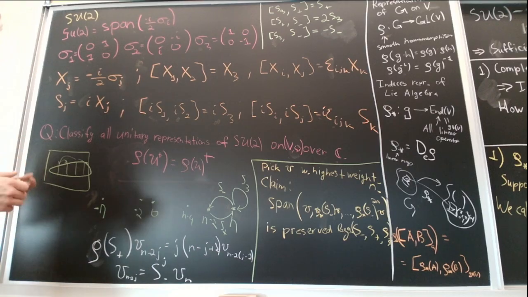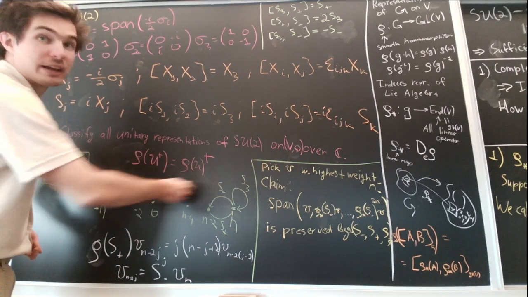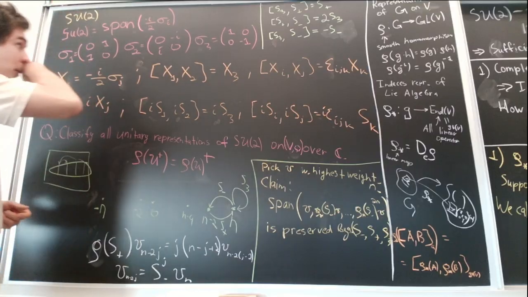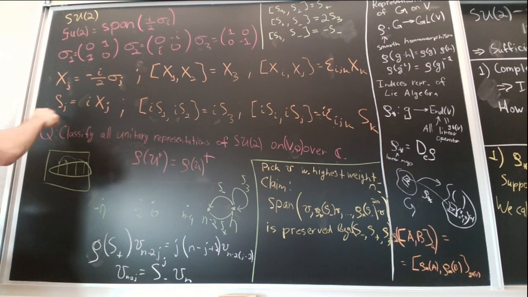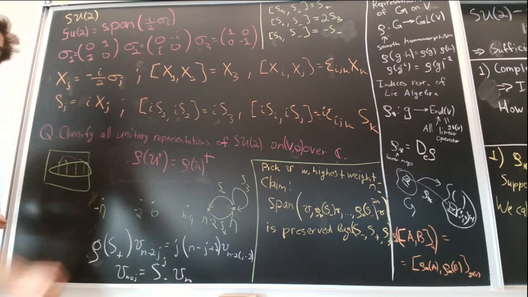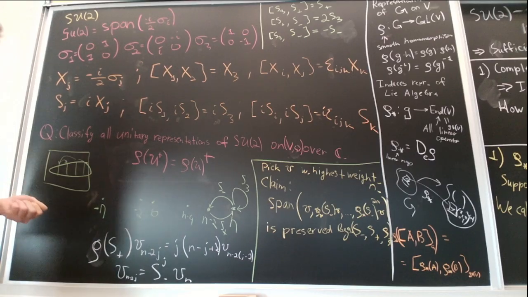Okay, and so the claim is that any vector space I can divide up into a bunch of subspaces which look like this, which are invariant under the action of the Lie algebra. And because they're invariant under the action of the Lie algebra, they also have to be invariant under the action of the Lie group.